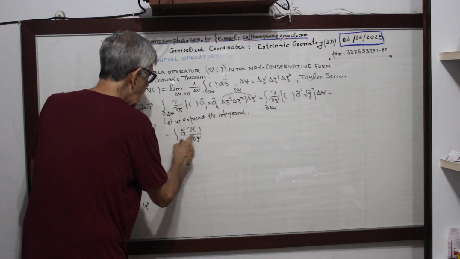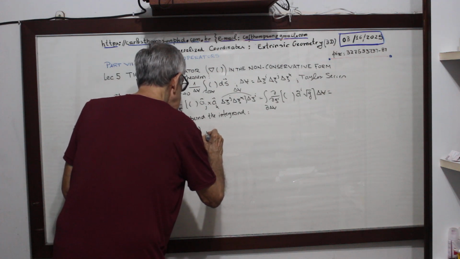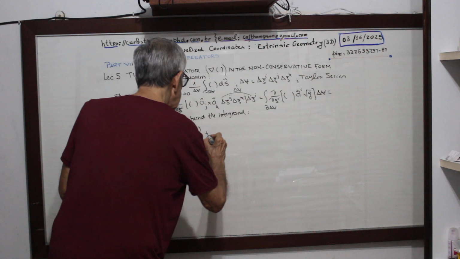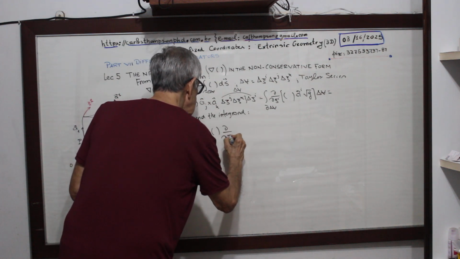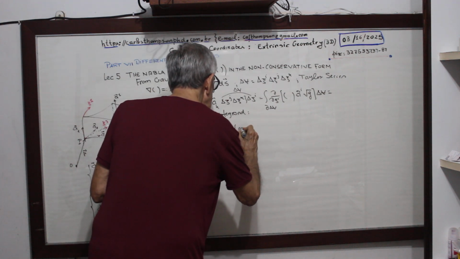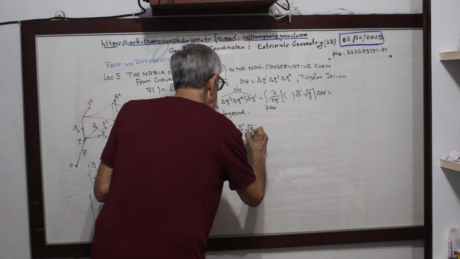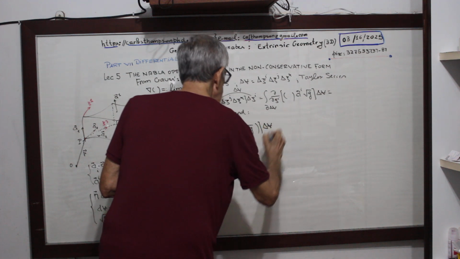So this a^i plus, in this case, I will have this partial Ci of a^i square root of g. This is delta V.